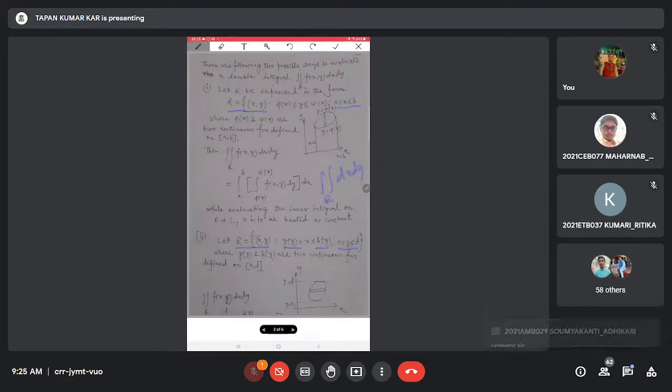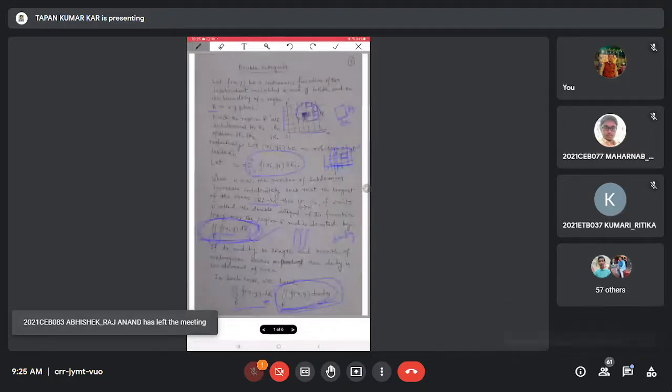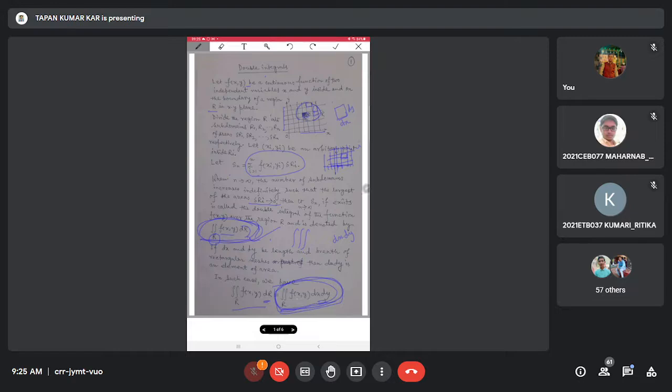So here also you can evaluate it, but actually, when you are evaluating this one, it does not mean you are evaluating the area of a region. You are evaluating the integral of f(x,y) over a region, not over a line.